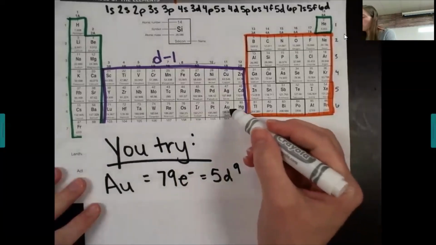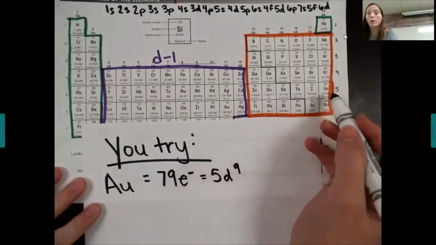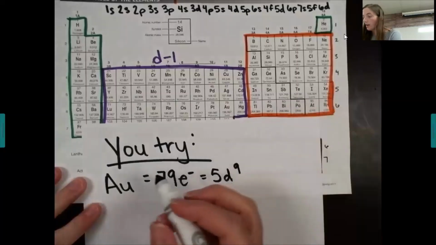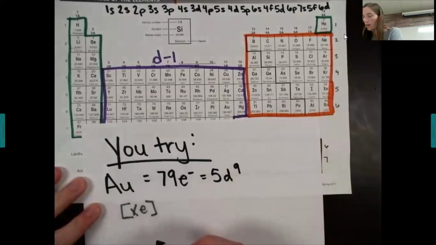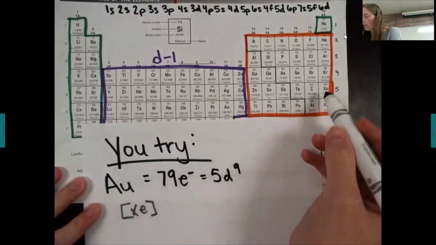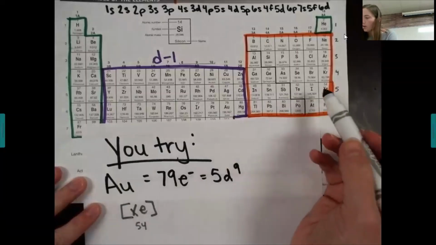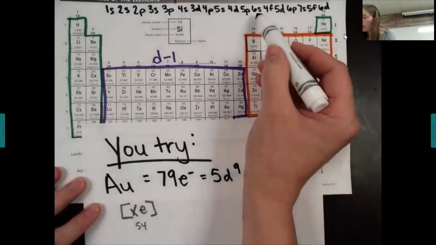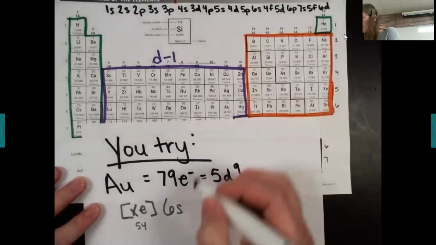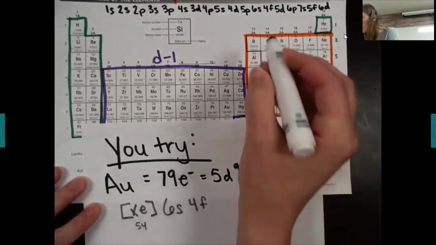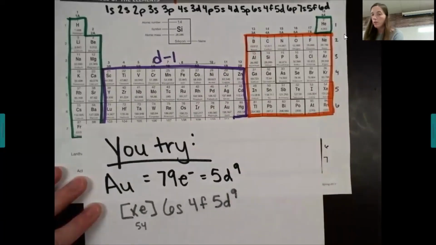So here we have gold in the 6th period. We go up and over to the right. We see that xenon is the noble gas before gold. Okay, so xenon. And xenon has the atomic number of 54. All right, and if we start after xenon, which is 5p, then we hit the 6s, then the 4f's, and 5d, which is where gold is located because it's the 9th one over.